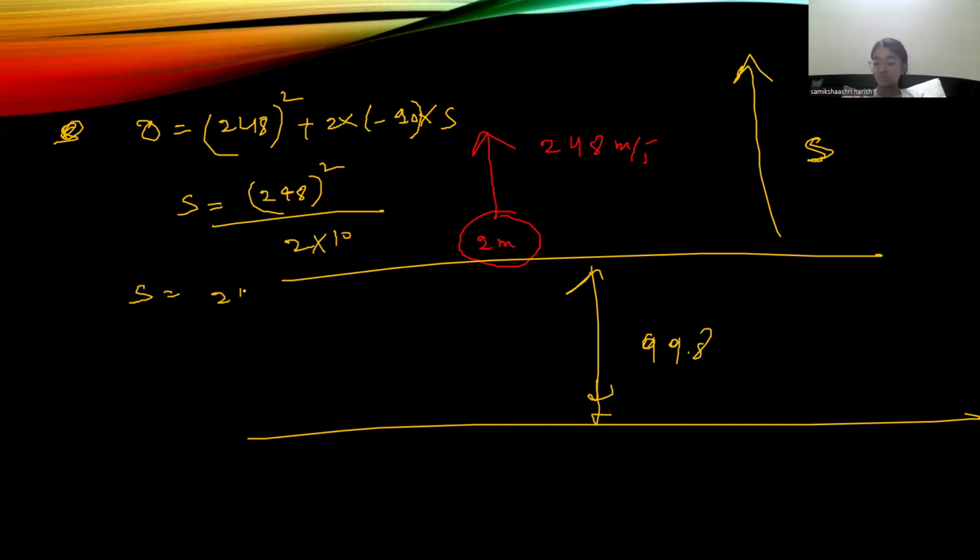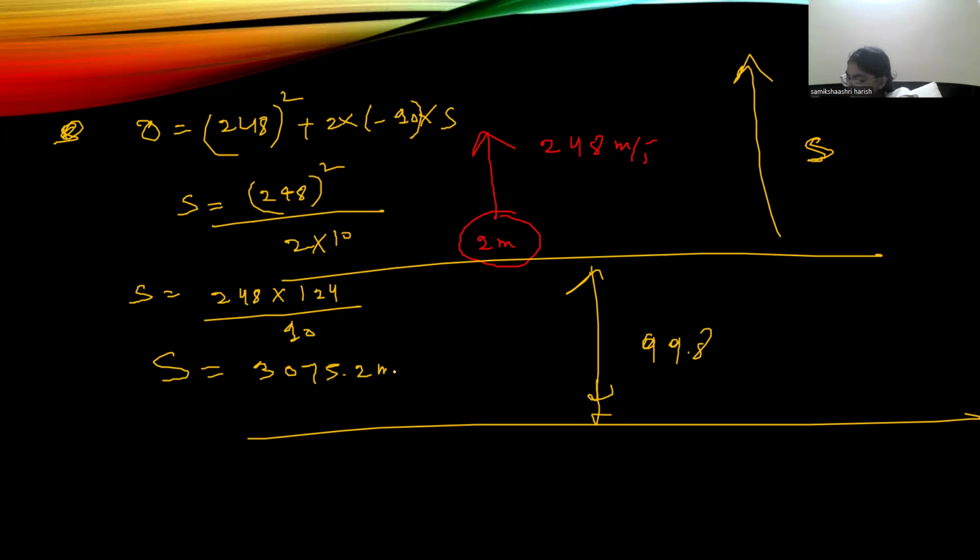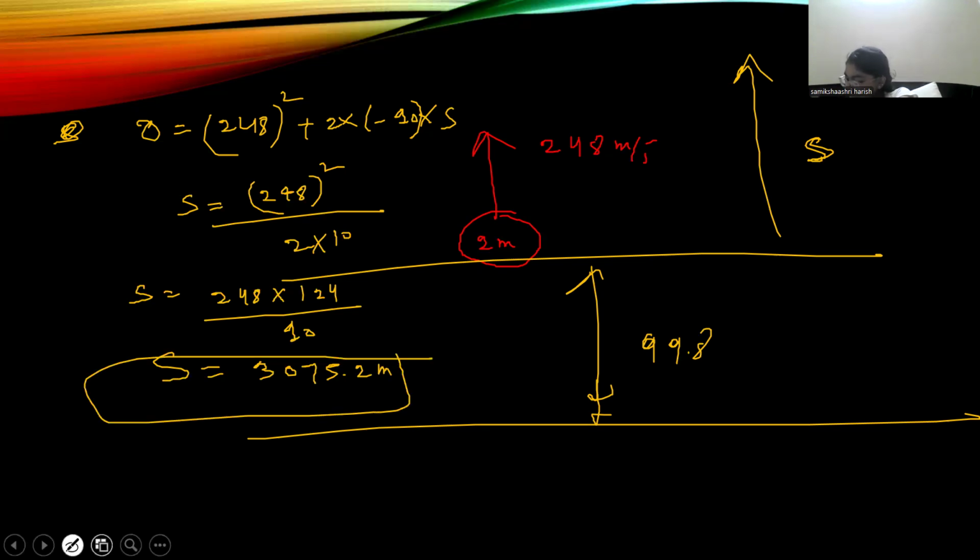Now solve this, multiply this. It is 3075.2. So the maximum height will be.